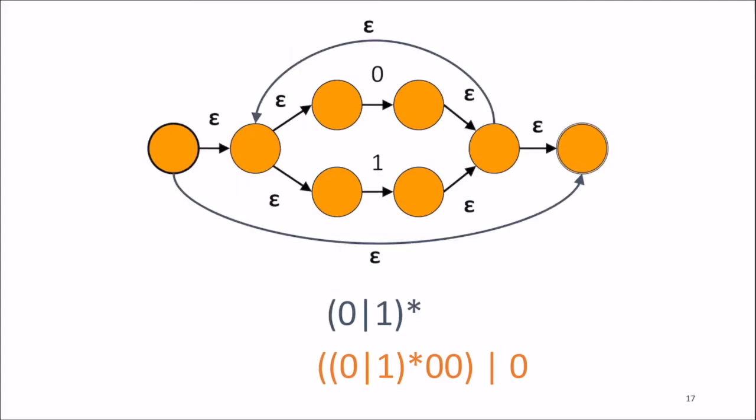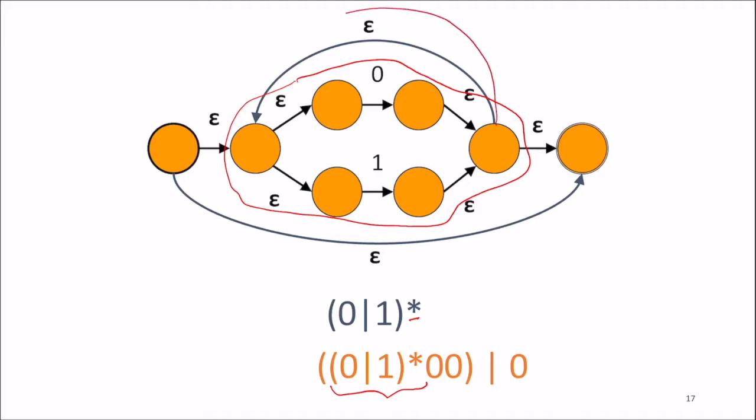If I want to do 0 or 1 star, which is this part of the original regular expression, then if you remember, we started off with this. Here was the original NFA for 0 or 1, and then I take this transition over here on an epsilon that does repeated loops and produces either 0 or 1 as many times as I want.